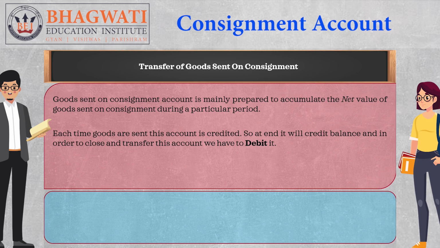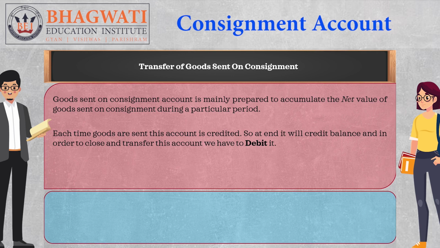Now, where do we transfer it? If in this journal entry we are debiting goods sent on consignment, which account should we credit? For that, I'm taking reference of a transaction you must have learned earlier. If you are giving goods as a free sample, distributing goods for free, what entry do we pass? Advertisement account debit to purchases. Whatever is the outflow of goods other than sales, we credit to purchases.